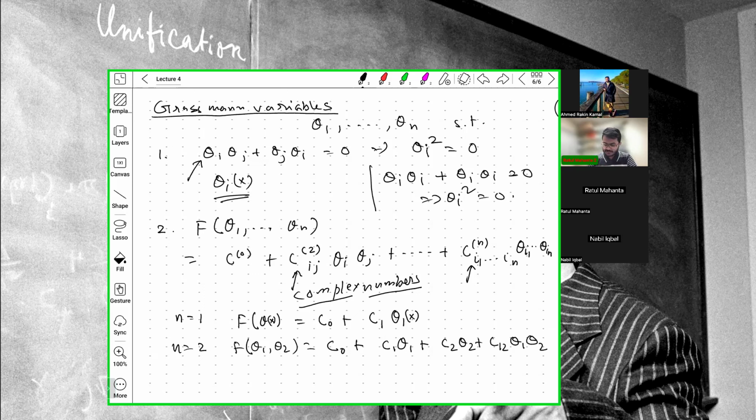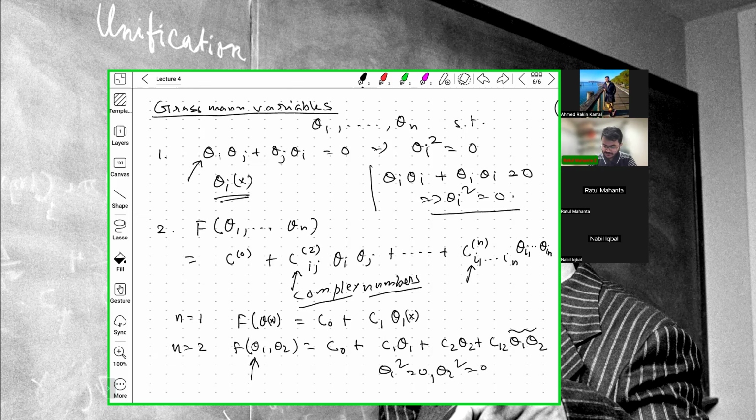So you can see that theta 1 squared, theta 2 squared, even any higher order terms are not possible. Only product terms can come when they are distinct. Otherwise, they will anti-commute and make it 0. So these are typical functions of Grassmann variables. In a single variable, they are always linear.